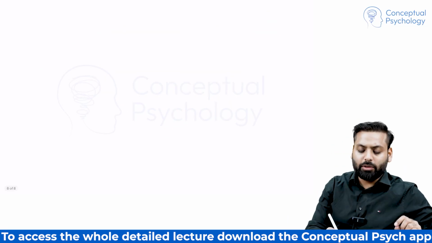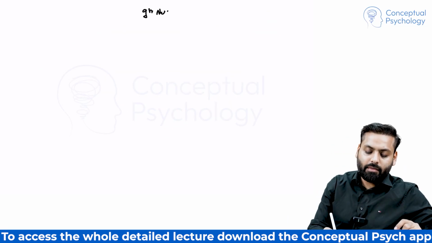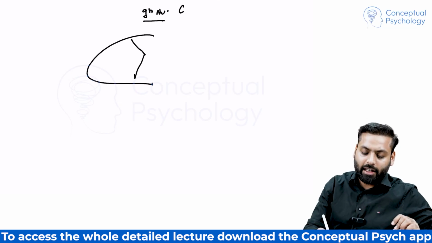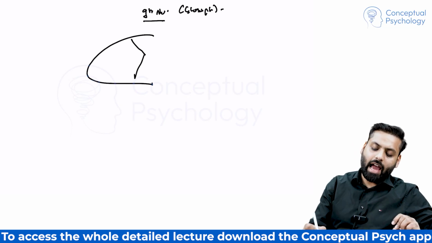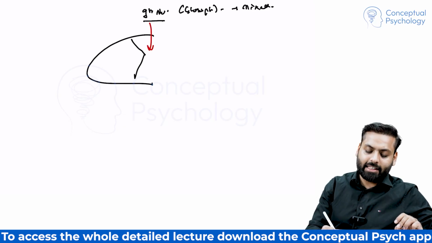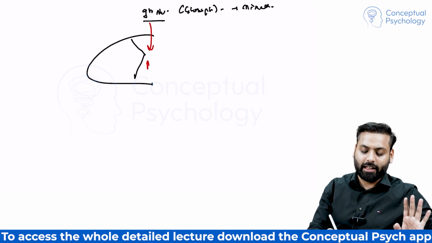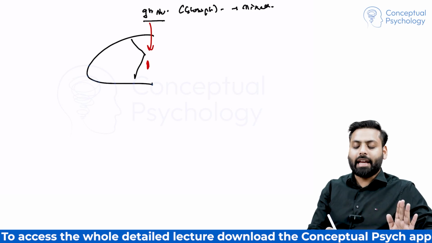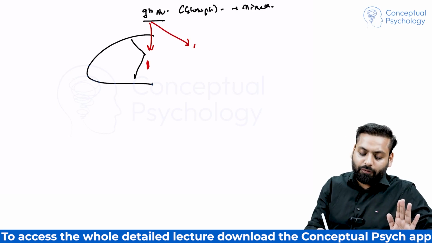Okay. Then coming to the 9th nerve. Which is the 9th nerve? 9th nerve is glossopharyngeal. And again this is a mixed nerve. 9th nerve carries sensations from the posterior 1/3 of the tongue. Anterior 2/3, facial. Posterior 1/3, 9th nerve. Also it supplies pharynx.